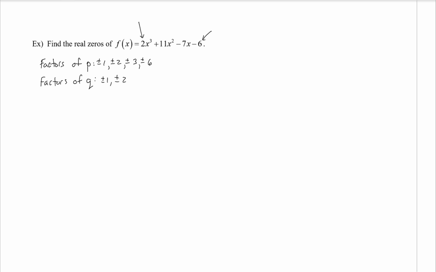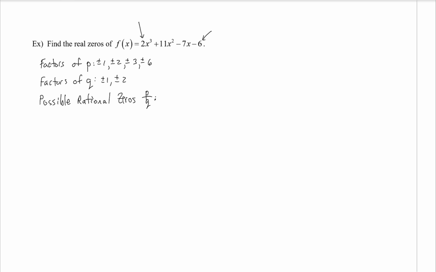So if this cubic polynomial has any rational zeros, I know exactly which rational numbers they could be. So we're going to call these possible rational zeros. And they are formed by doing p divided by q. So don't overcomplicate this. I'm simply taking these p values and dividing by these q values.